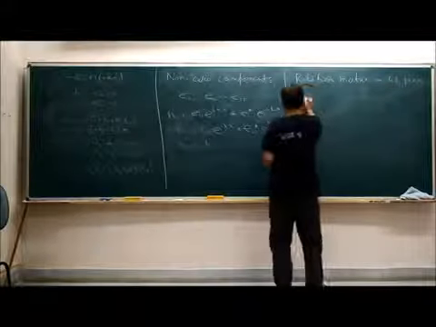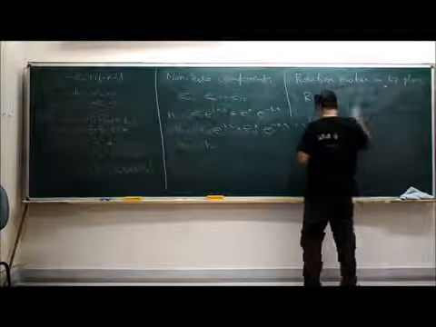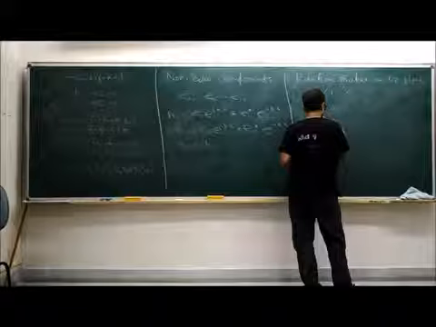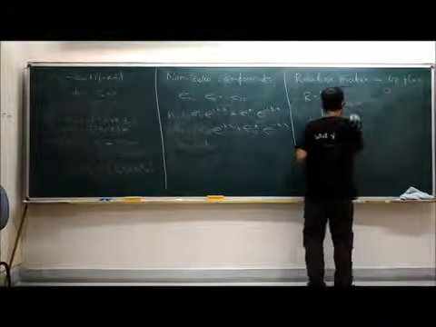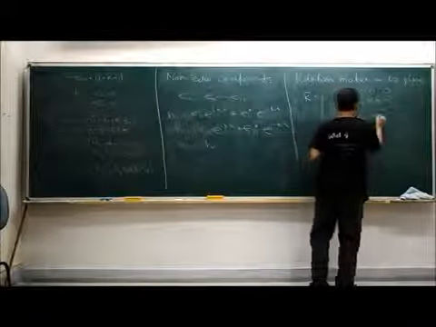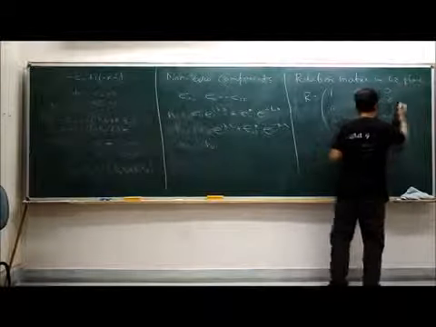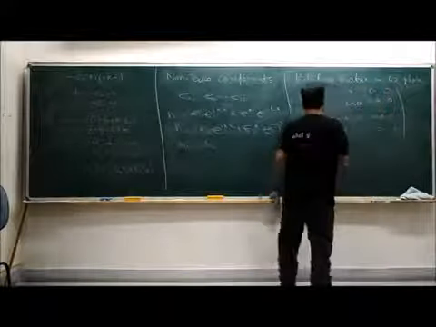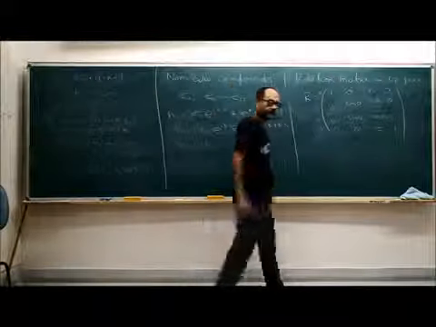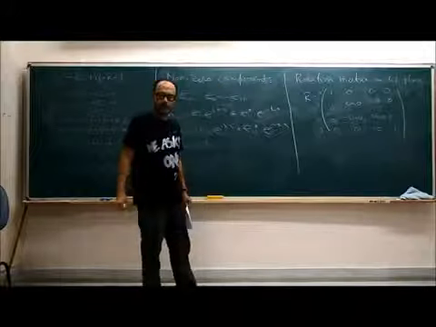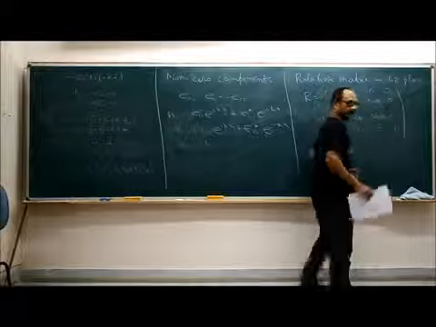So this is 1 0 0. This is our 0, this is 1, this is 2, this is 3. So we rotate in the 1, 2 plane.